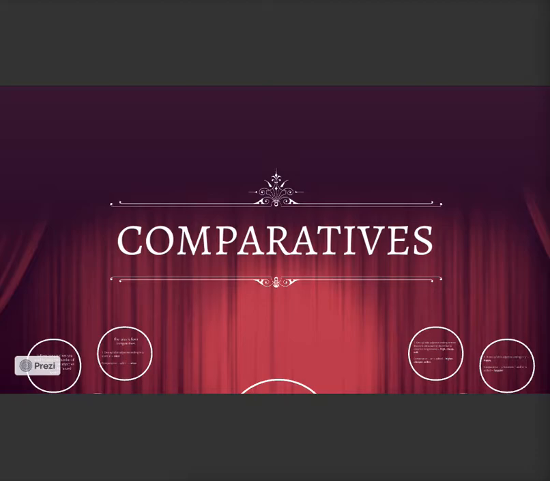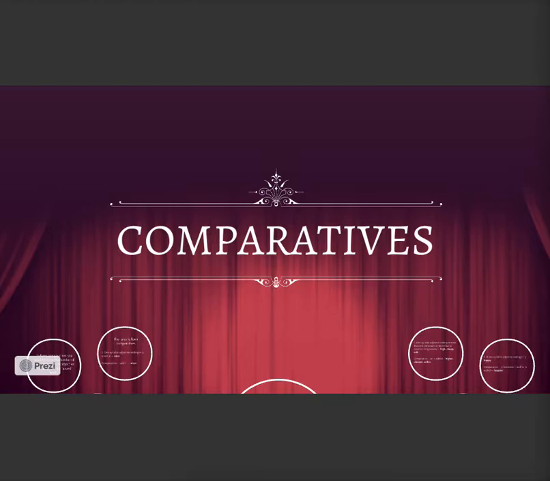For example, two or more things that you compare or something like that, in general this concept of comparative, a word that we use to compare or complement a sentence or something.